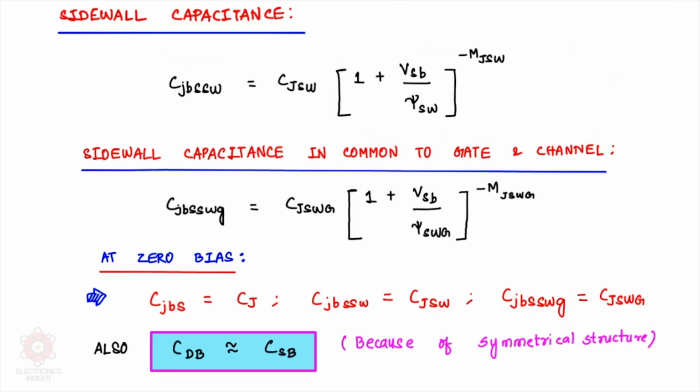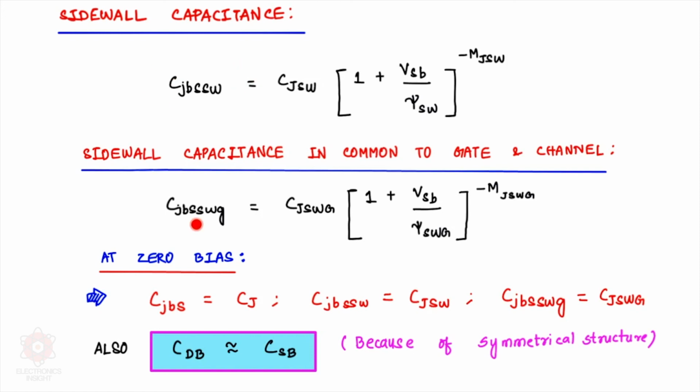The next thing is to write down the side wall capacitance. CJBSSW is going to be CJSW, the junction capacitance of the side wall, and CJSWG is the side wall capacitance in common to the gate and channel. So this is the side wall which is not in common with the gate or the channel. It is not facing the channel.